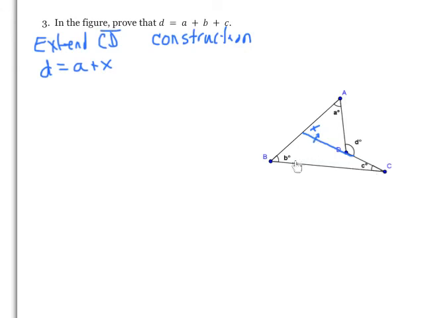So X is equal to B plus C. And look at what you have. What's my next step going to be? First I have to write the reason here. These are both the exterior angle theorem.